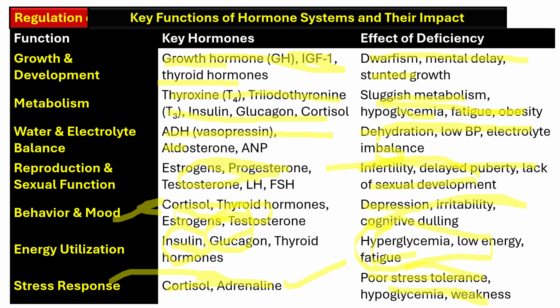Sex hormones, if absent or deficient, will result in absent secondary sexual characteristics and infertility. ADH or antidiuretic hormone deficiency will result in polyuria and dehydration, that is termed diabetes insipidus.